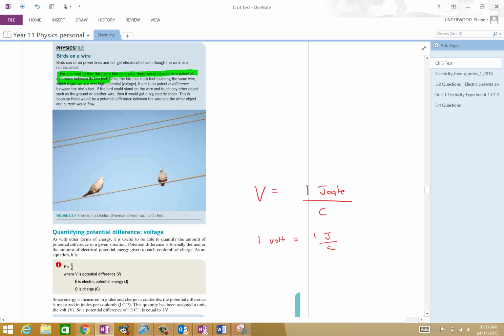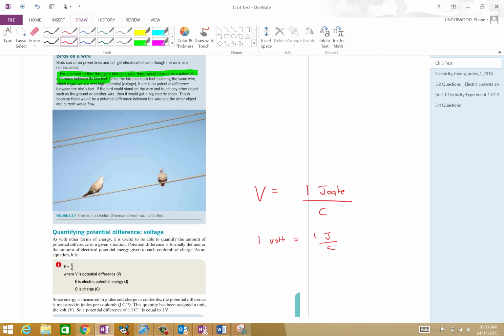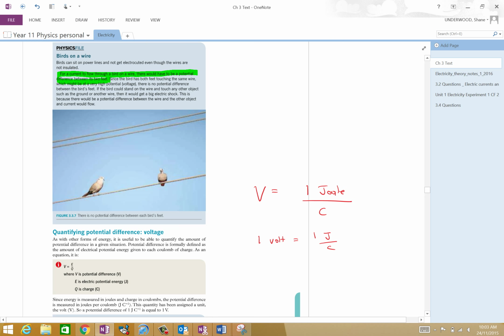So we introduce a new formula, a relationship, where E is the electrical potential energy in joules, energy per unit of charge in coulombs. So if I had a 9-volt battery, then I have 9 joules of energy per coulomb.